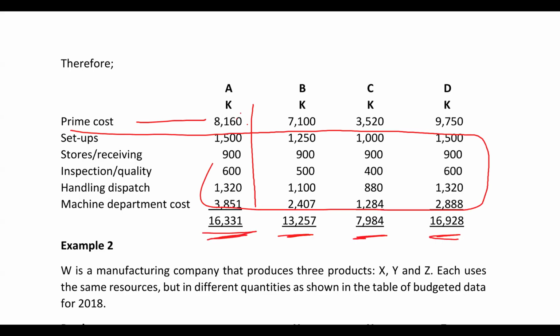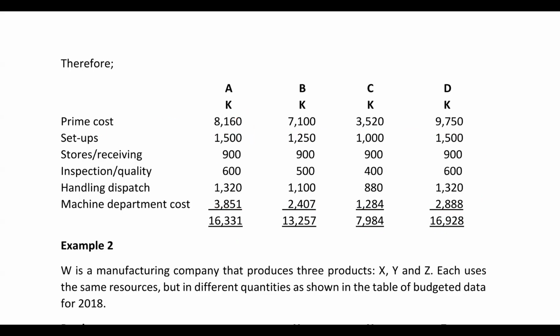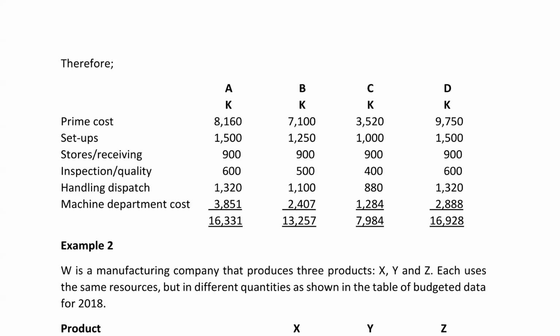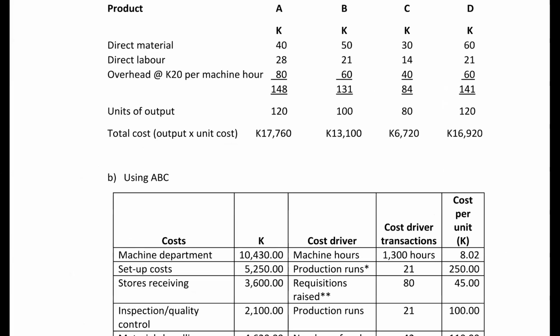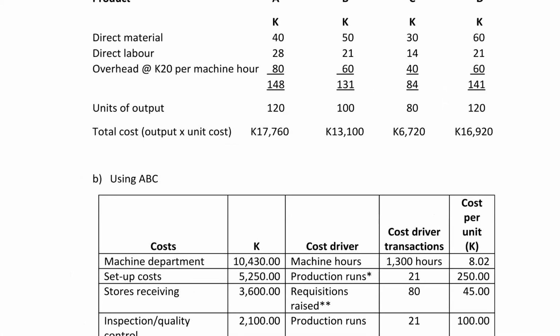If you use the ABC costing, these are total costs. What is the difference? This one is 16,331 for A using ABC, but using traditional, it is 17,706. It's even higher cost. For B, using traditional is 13,100.